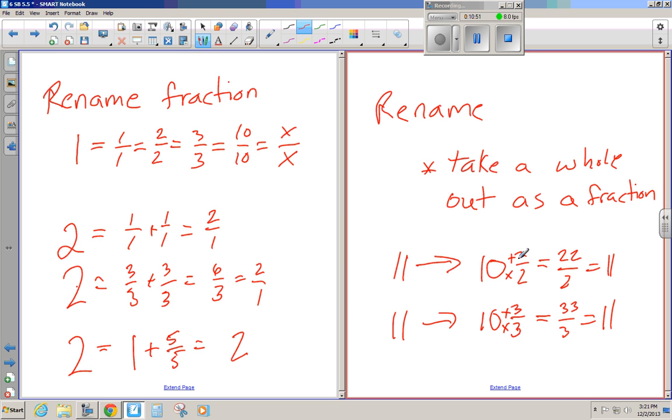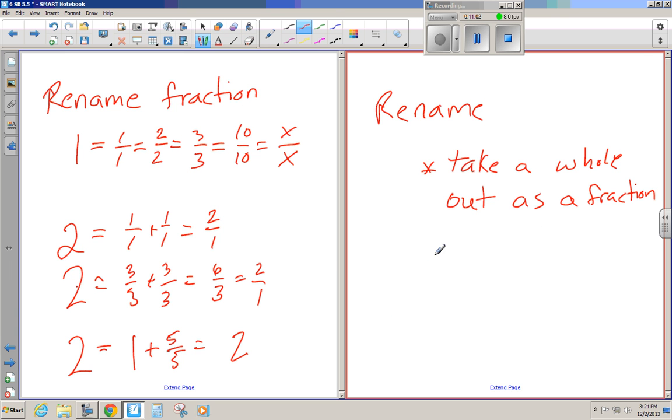Now, the tricky part, and you should keep this in here, but I'm going to erase it so I can keep these other parts together. The tricky part is then the fraction should be like the other fraction.